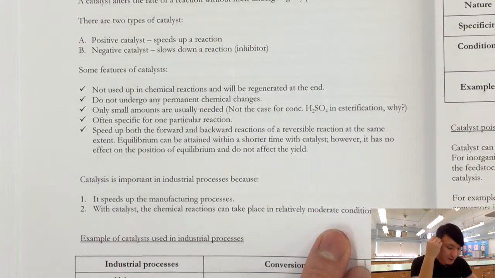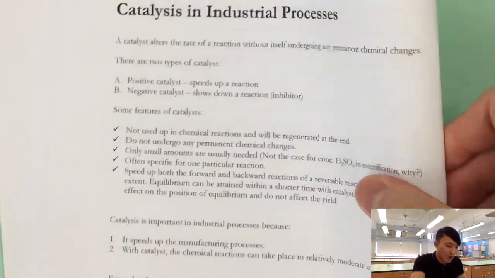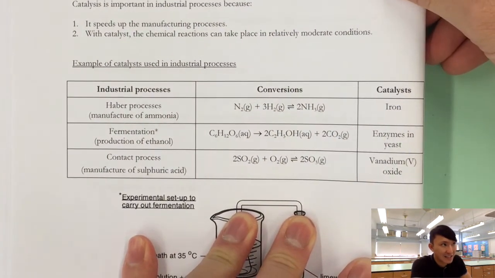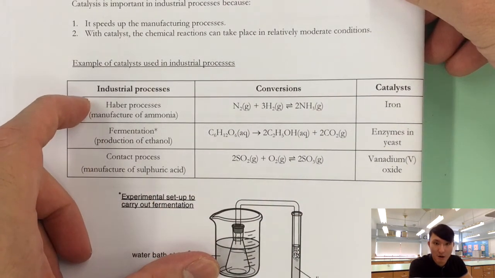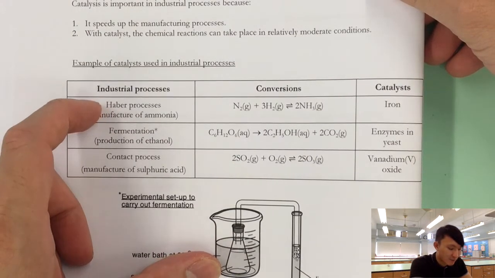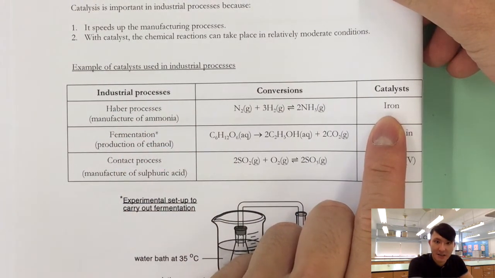Okay? Now, down here, we have some examples of industrial process that are catalyzed. For example, Haber process. In the later part of today's video, we will break down the details of Haber process. This process is used to make ammonia, and the catalyst we use is iron.